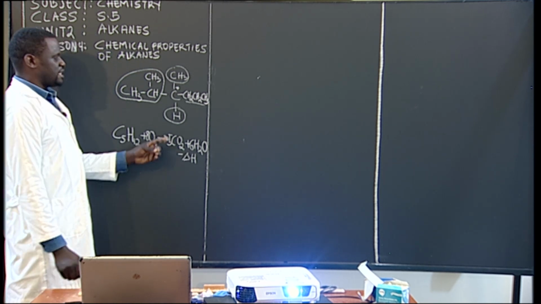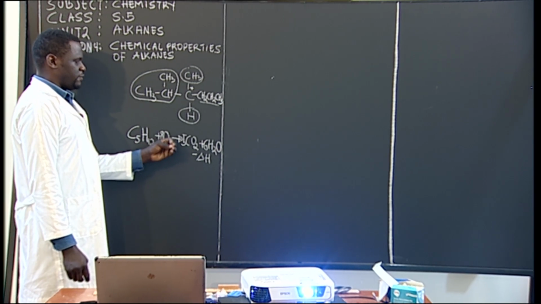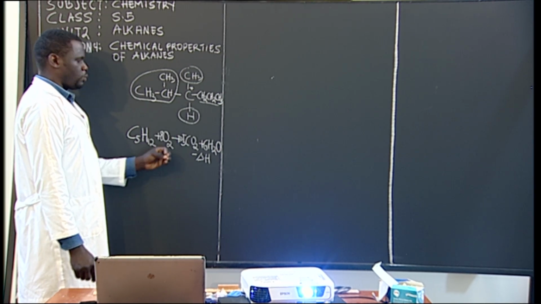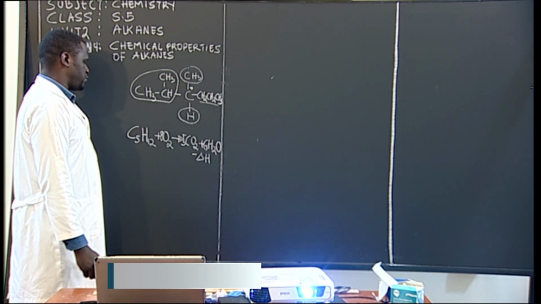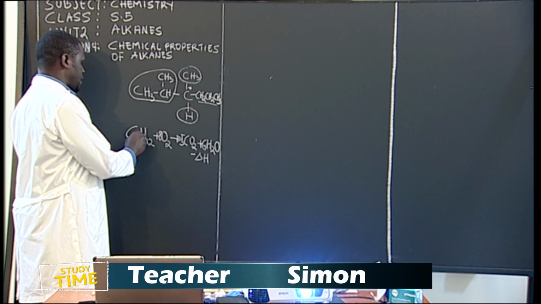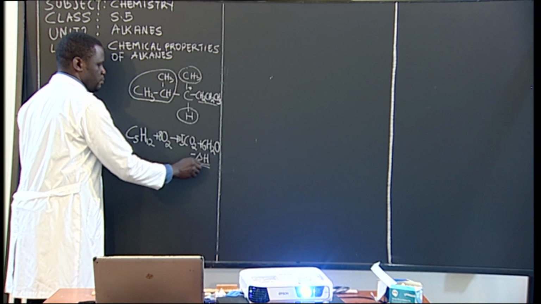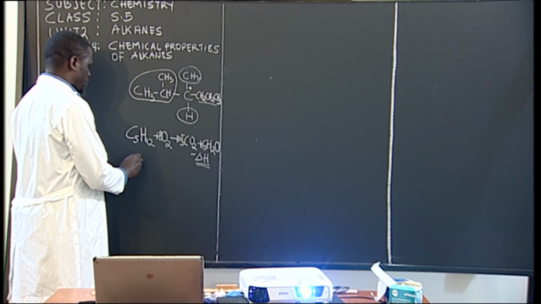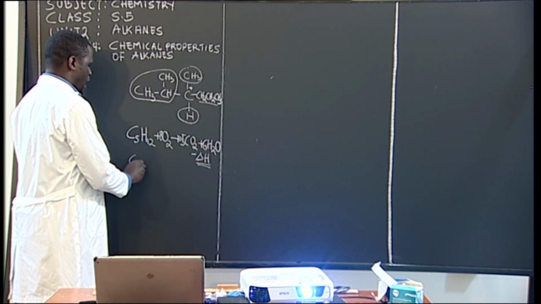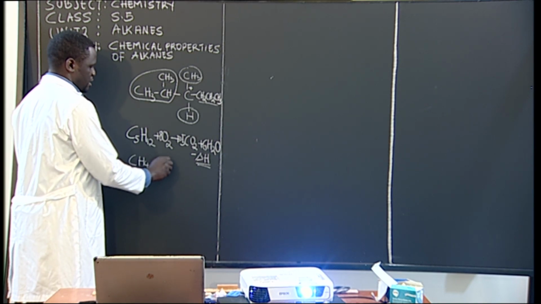As this energy is given out to the surrounding, it is very useful in cooking and different applications. Alkanes which have a high number of carbon atoms will produce more energy compared, for example, to methane.